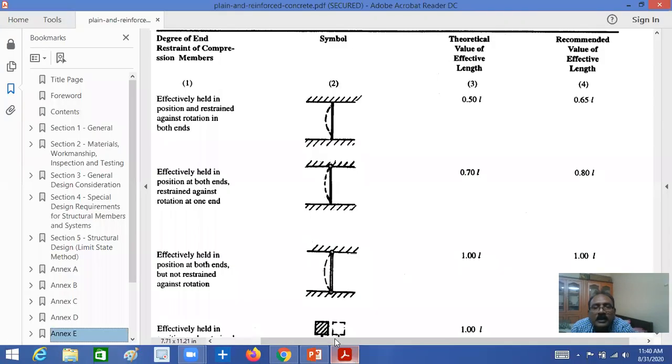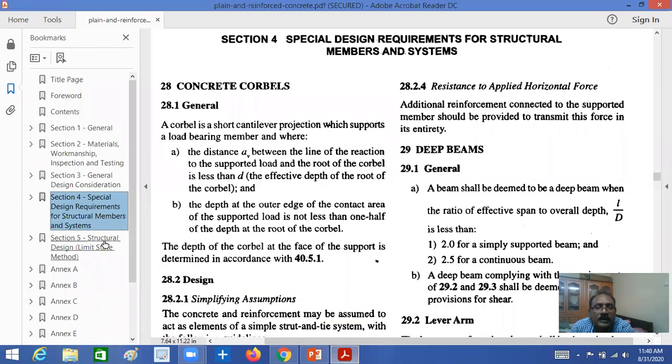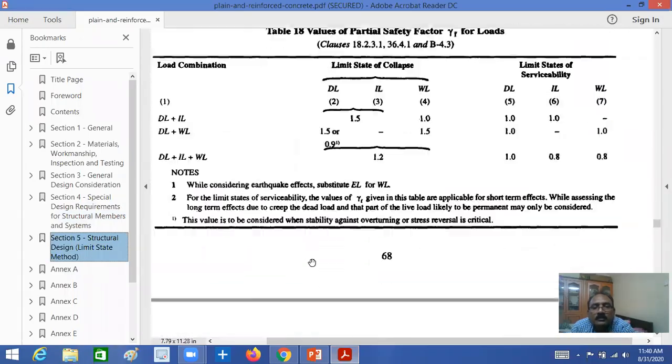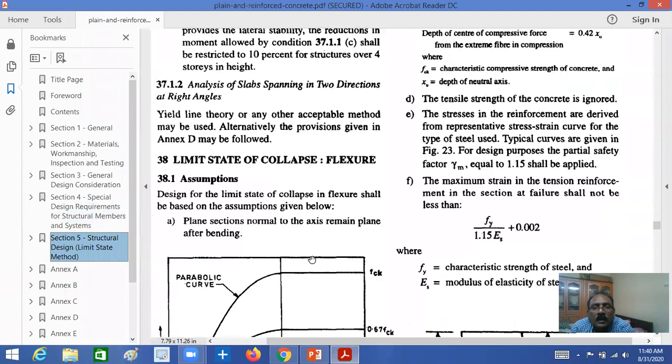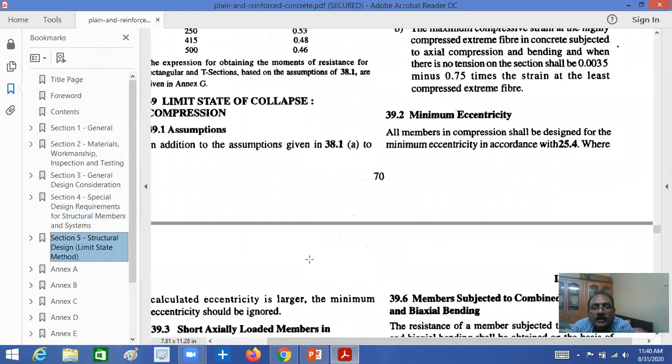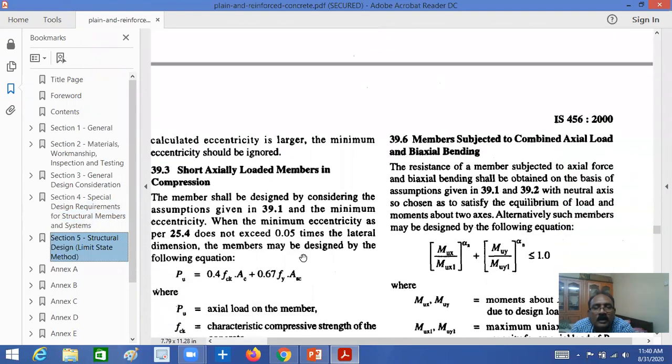If you see clause 39.3, short axially loaded column: the member shall be designed considering minimum eccentricity.